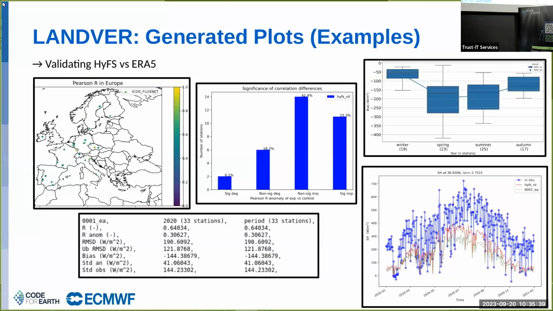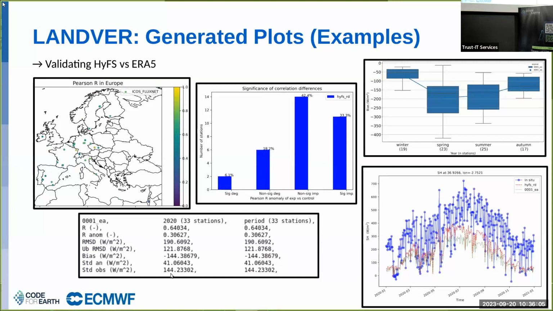You see Europe and then the station locations color-coded depending on their correlation coefficient. Then you can see here bar plots indicating the significant improvement, or if the experiment improved the control or not. And then here's a table summarizing several scores.